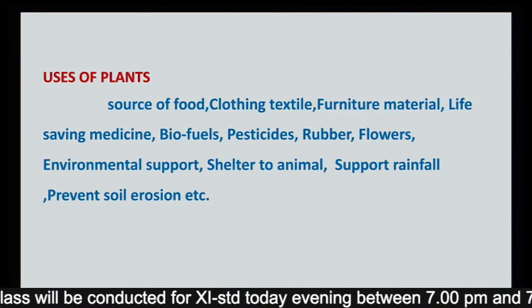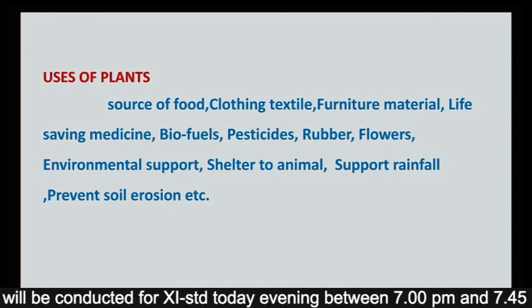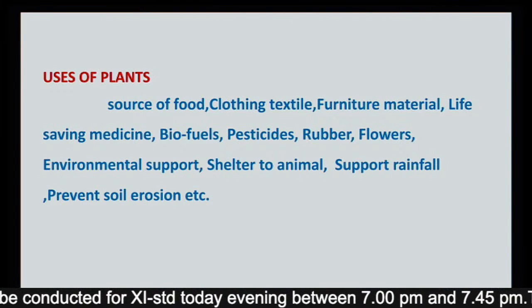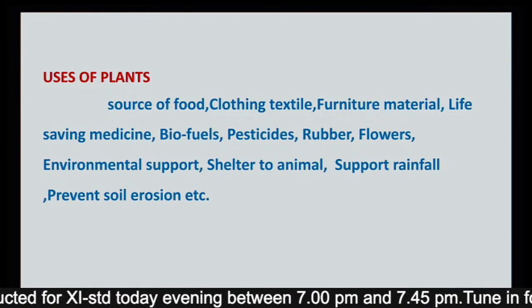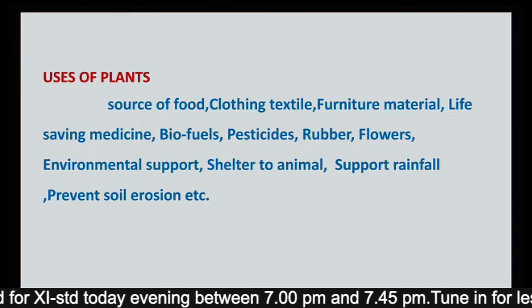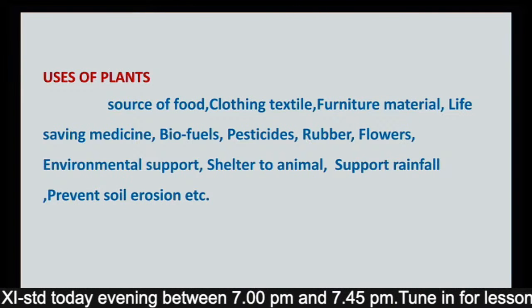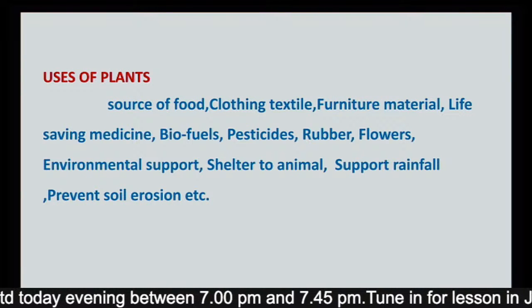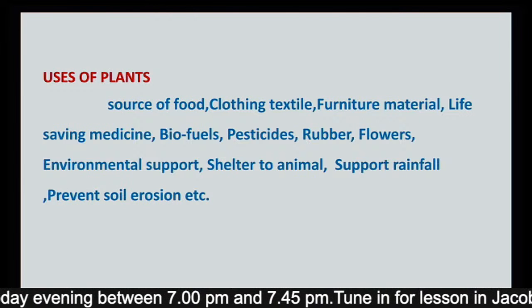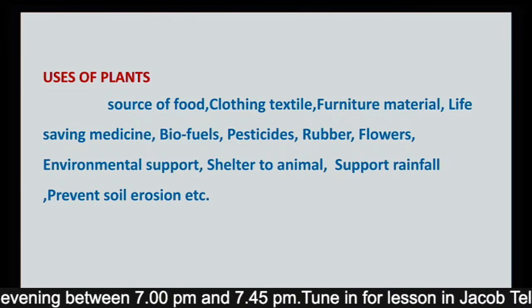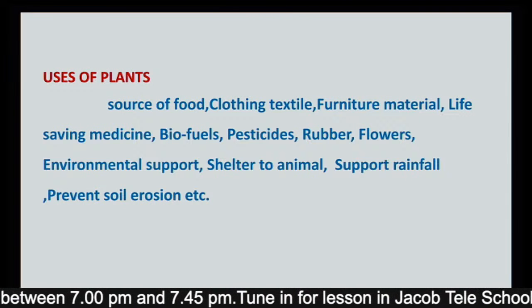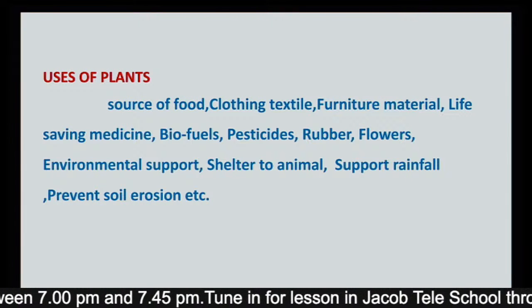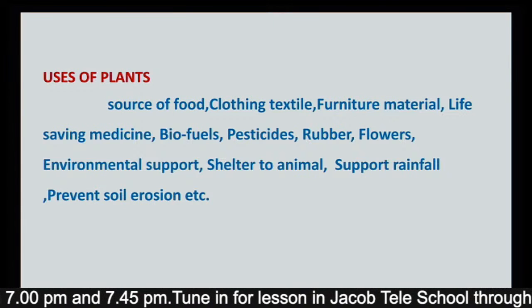Okay, now the uses of plants. Look at the screen. A source of food. Plants are used as a source of food, clothing, textile, and furniture material. Clothing and textile means we get cotton from the cotton plant. Furniture material comes from teak, maple, pine; these are trees. Wood is used for furniture, and plants give life-saving medicine, and are used as biofuels and pesticides.